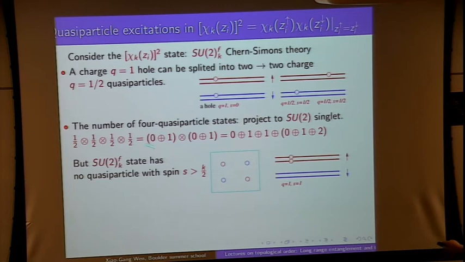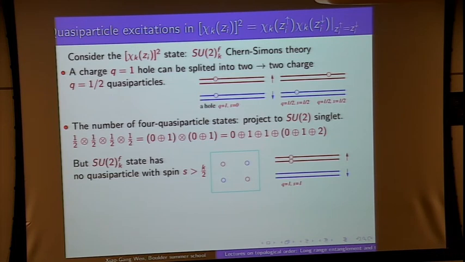When you have 4 doublets and put them together, we can fuse this 1/2 and 1/2 to get a 0 and a 1. Fuse this 1/2 and 1/2 to get a 0 and a 1. Then fuse this 1 and 0 together. Then we get so many states. Totally we get 16 states here. But certainly many of those 16 states are wrong because many of them have non-trivial spins.